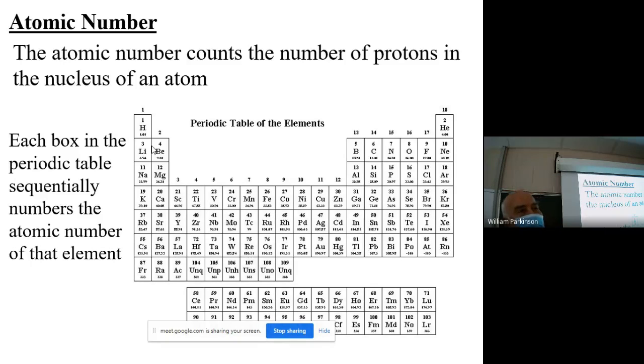Now, we're not going to delve deeply into why, but let me just suffice it to say it has something to do with the way the electrons are piled up around the nucleus, that the helium element in box 2 fits better with its cousins in the same column. And that's why it's shoved way over there.